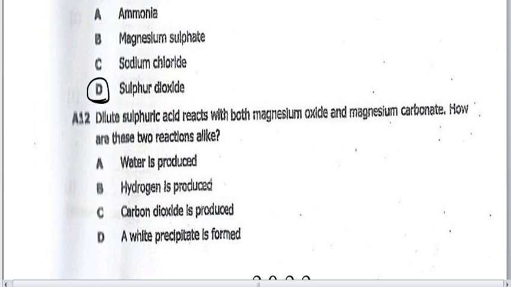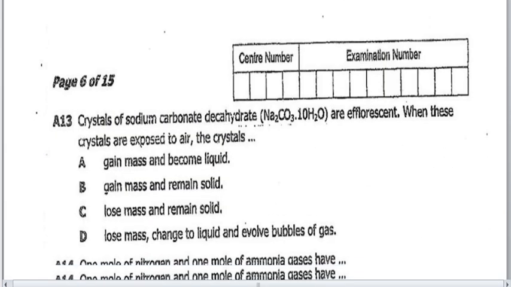Whenever an acid reacts with magnesium oxide and an acid reacts with magnesium carbonate, they are alike in such a way that in both water will be produced. So water will be produced in both. When an acid reacts with a base, water is produced, and when it reacts with a metal carbonate, water is equally produced as well. Of course, there are other products, but water is one of them.